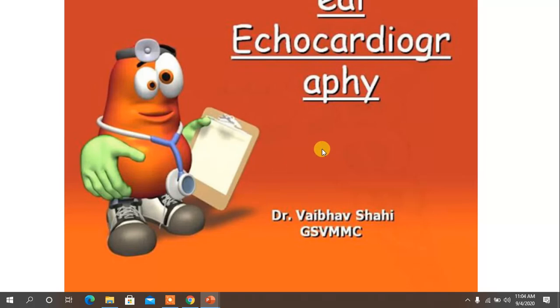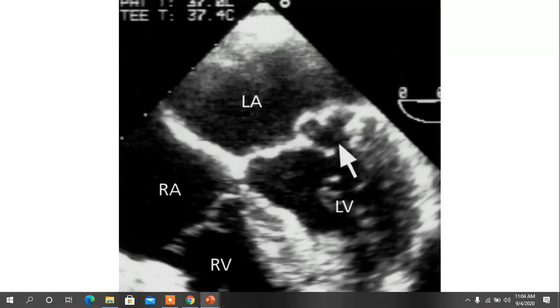Now, to diagnose these valvular heart diseases, the most commonly used investigation is echocardiography. Here we see an echocardiogram photograph, which is just like ultrasonography, but the probe is different, and only the heart valves, heart functions, and heart chambers are seen.